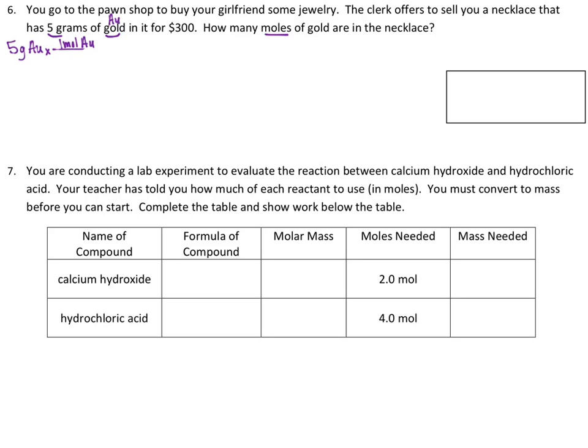So again, gold's mass is 196.967 grams. That's how much 1 atom weighs. So can we cancel out grams? And now I end up with 5 moles of gold over 196.967.